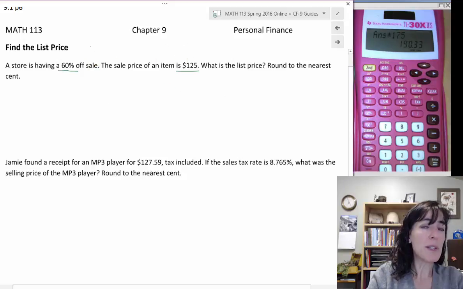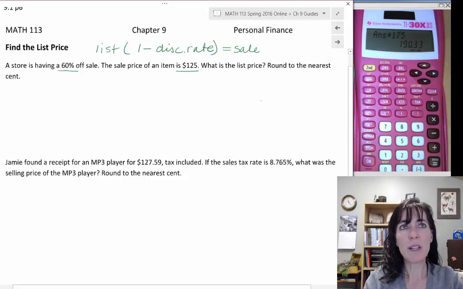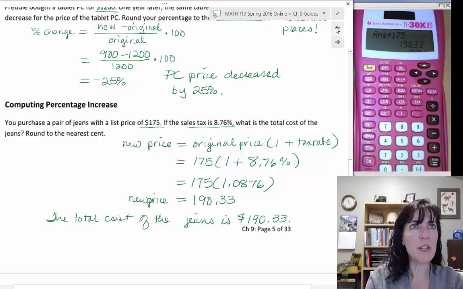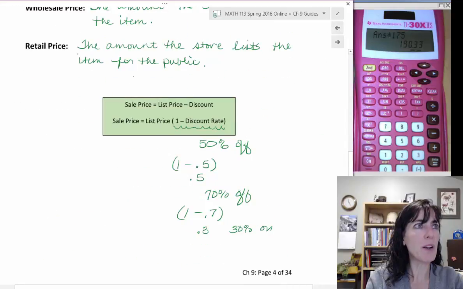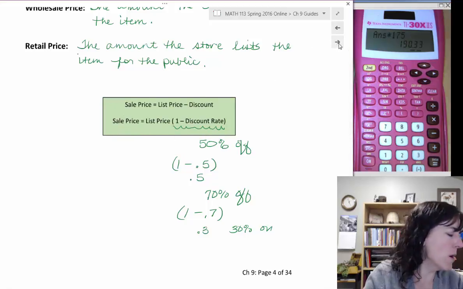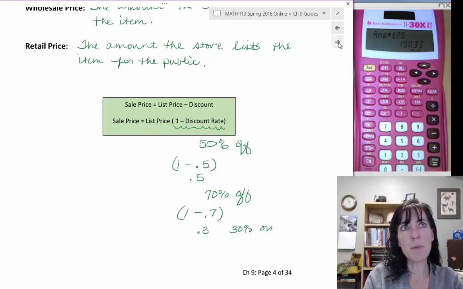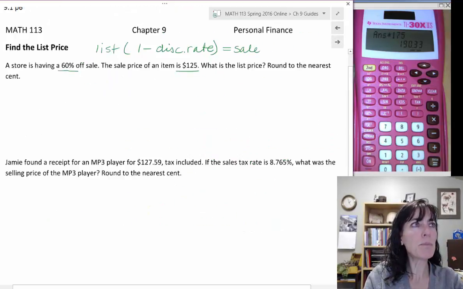So I might want to use this formula, which is the list price times 1 minus the discount rate, and that'll give you the sale price. That was from a couple pages back, right there. The list price times 1 minus the discount rate equals the sale price. That formula will help us solve this problem.